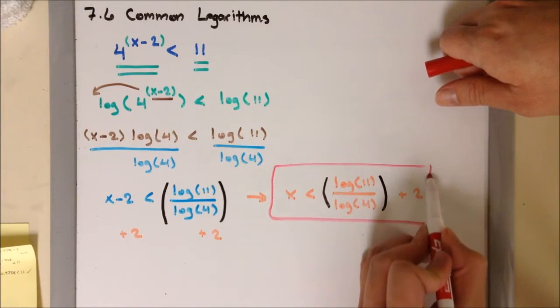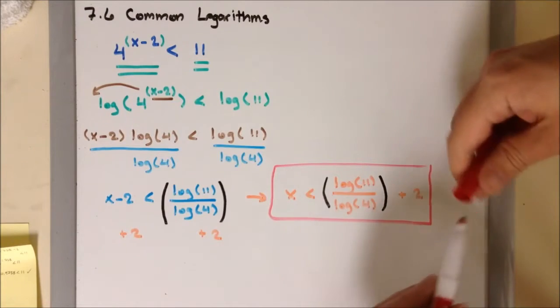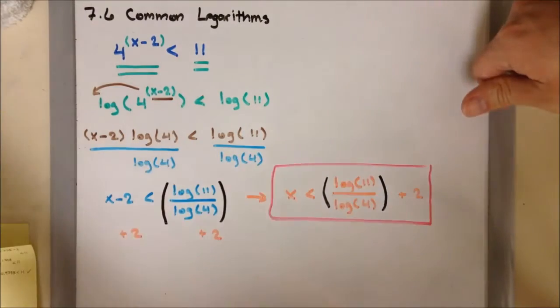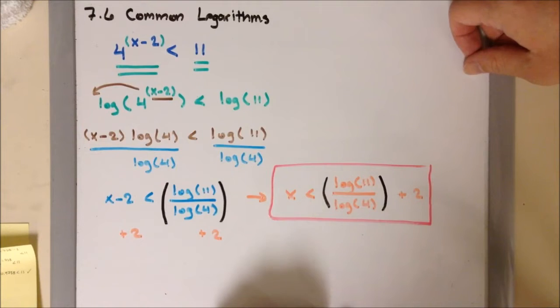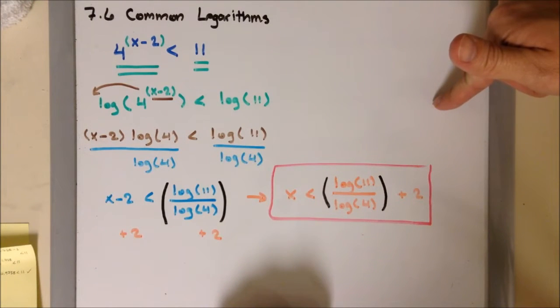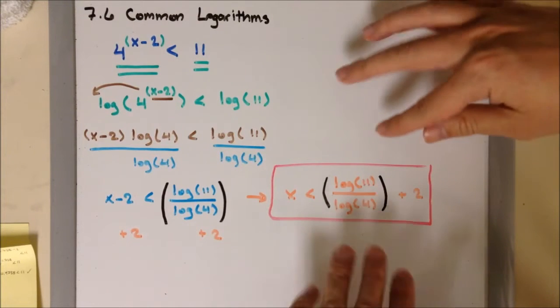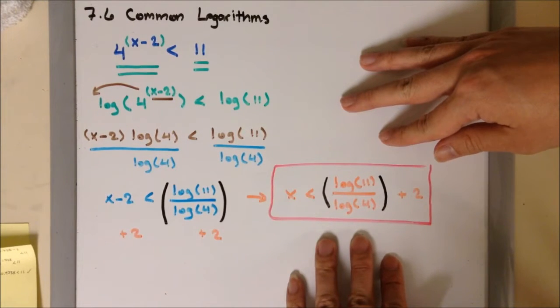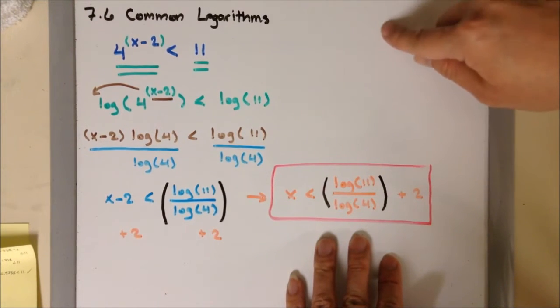This is where you would stop if you're working without calculators. Now, say that you're asked to evaluate with a calculator. So this is where we're going to continue. I'm going to write this part up here for more space.